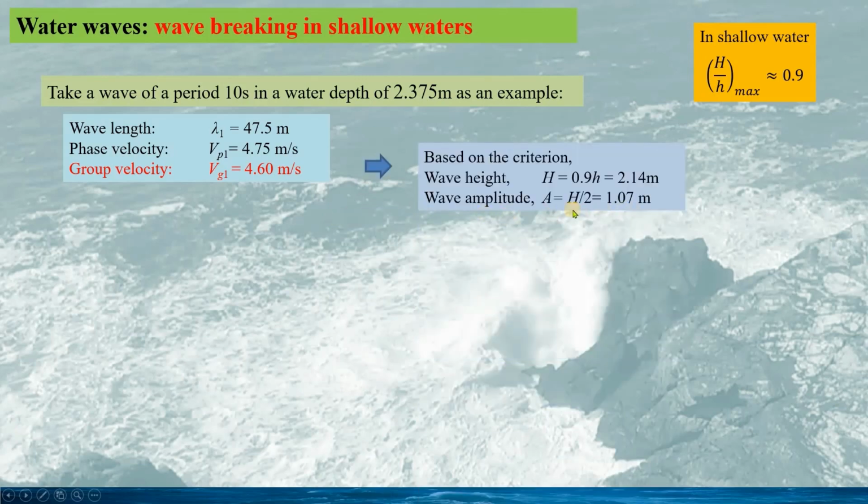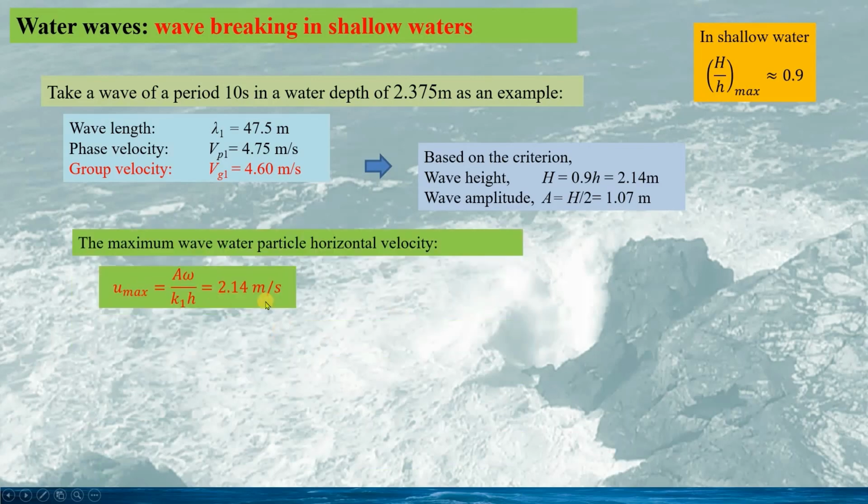And based on the criterion, the maximum wave height would be calculated as 0.9 times the water depth. It would be 2.14 meters. Hence, the maximum wave amplitude would be 1.07 meters. Then we can calculate the water particle horizontal velocity U max given by this formula.